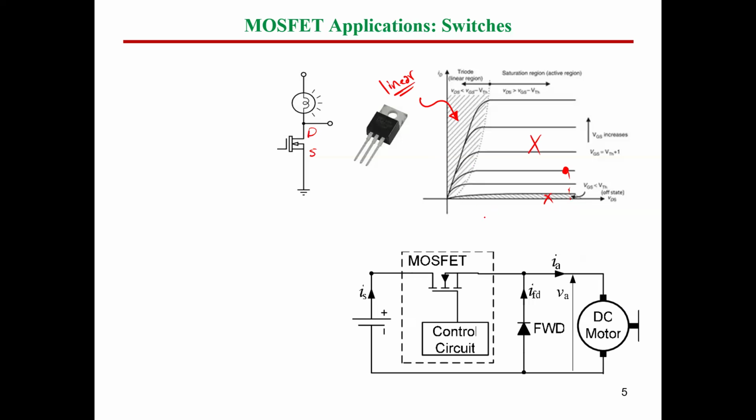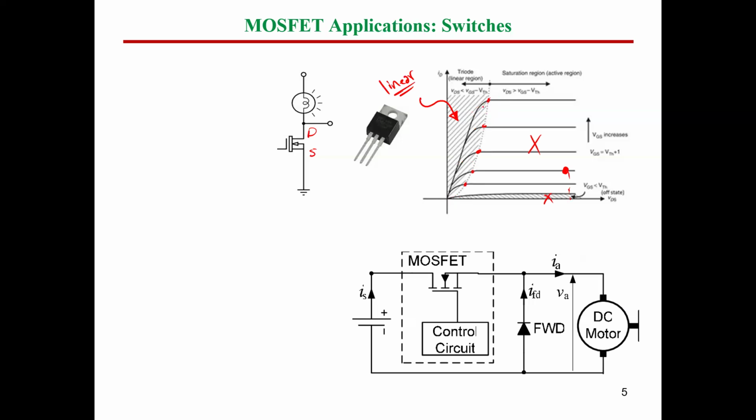Simply, you need to apply a gate pulse in order to work in any of these characteristics. And at the same time, you have to keep V drain to source less than the transition point of V drain to source saturation. So you need to have the switch unsaturated all of the time.